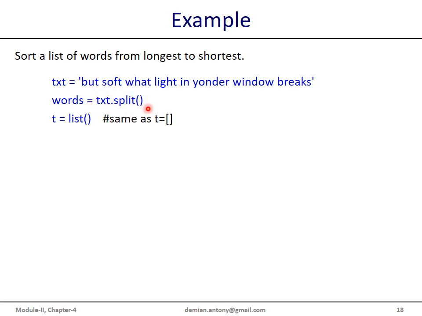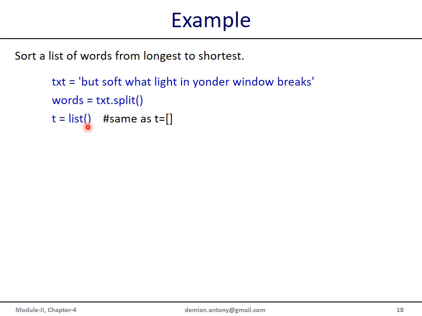This split function will return a list of strings which are present in a line of text. Thus words is a list containing all these words present in the line of text. The split will happen here based on the space. And next we create an empty list.